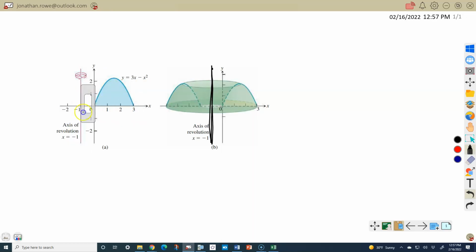We're going to use the cylindrical shell method to do it. You could probably also do a washer method, and that's fine. The cylindrical shell method can be simpler sometimes, and I think this is an example where it will be simpler, even though you could use the other method too.